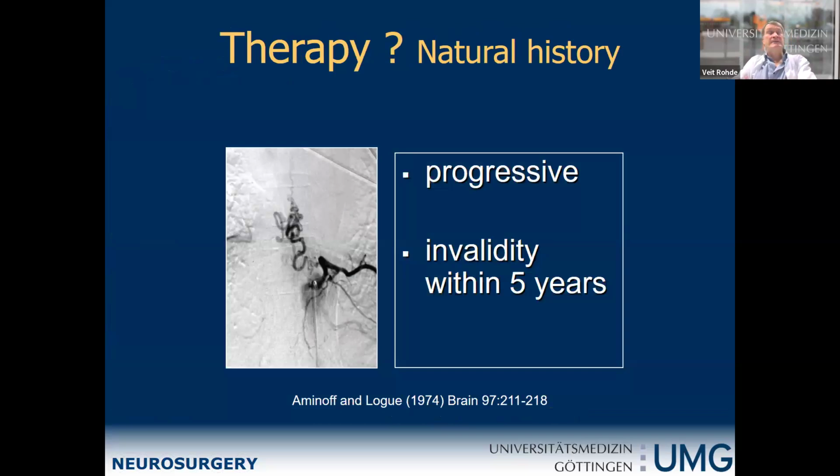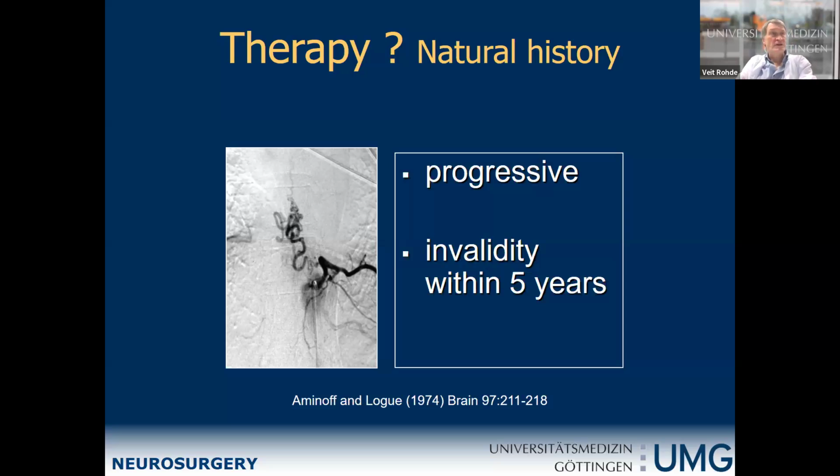If you have seen a patient with a spinal dural AV fistula, we have to consider what to do with this patient, if we should treat the patient or not. There's one very, very old study, which today never would have been performed again.